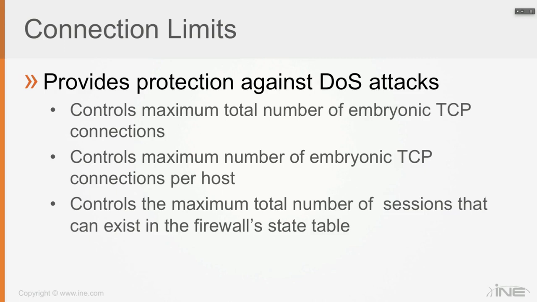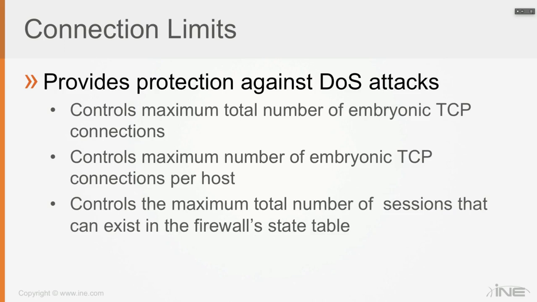So the first statement controls the total amount of TCP embryonic sessions that can reside in the firewall state table. The second number controls the total number of TCP embryonic connections that can reside in the firewall state table per host.